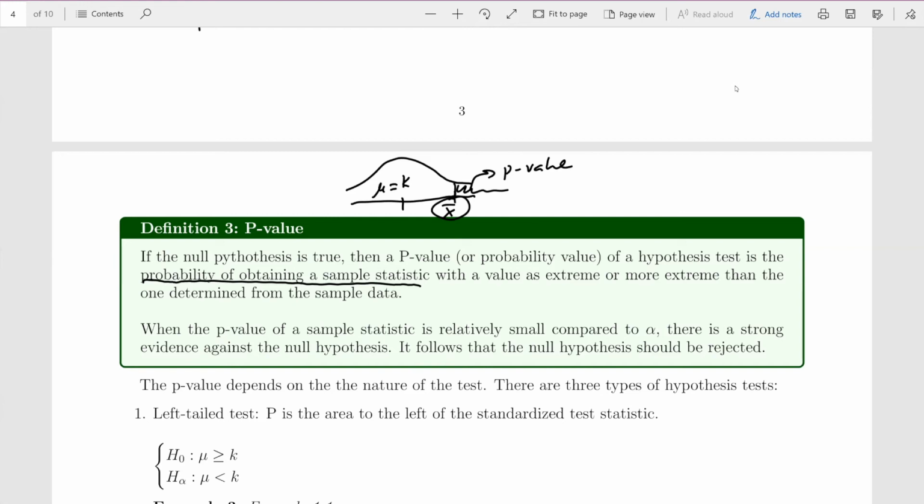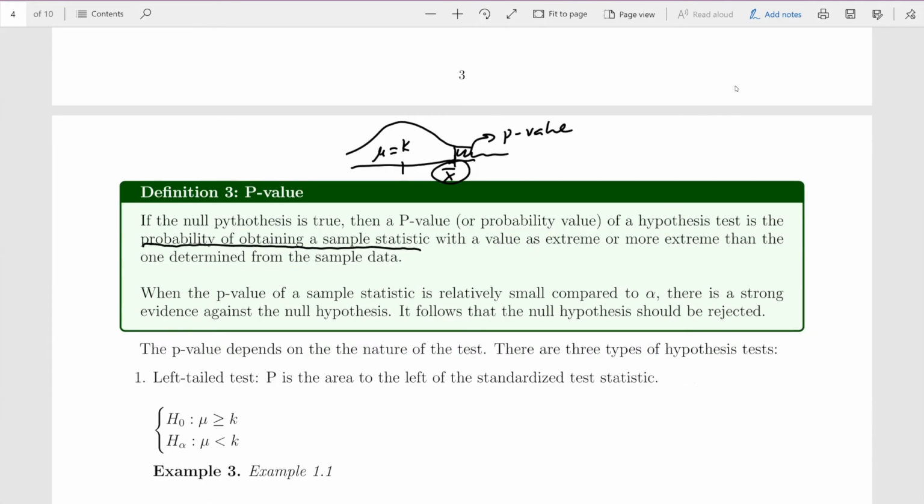So the p-value is the probability that you're going to observe an extreme or more extreme value than the one that you collected from your sample. Okay. And again, p-value is the probability corresponding to either the right, the left, or both sides of your sample statistic.